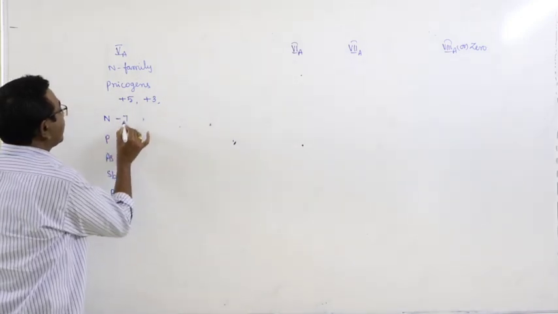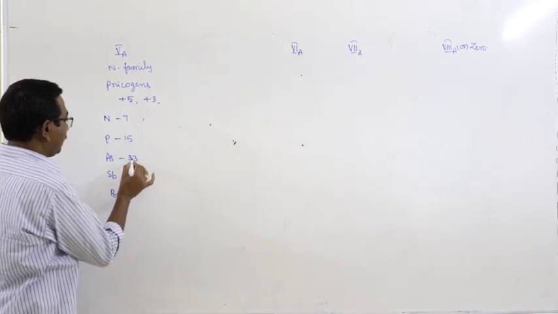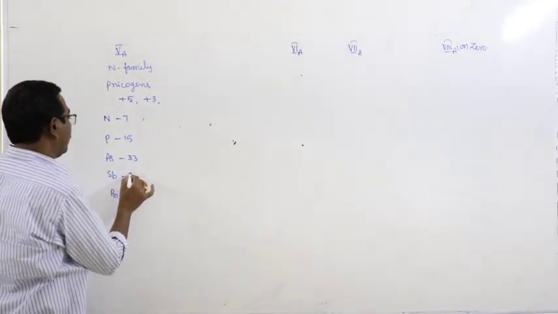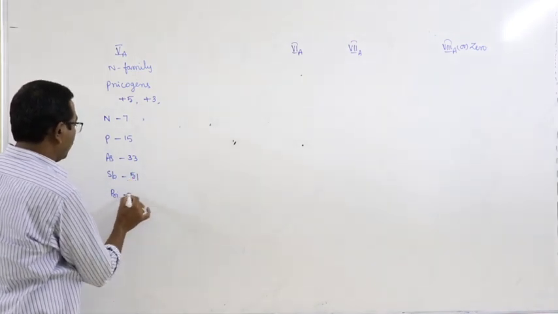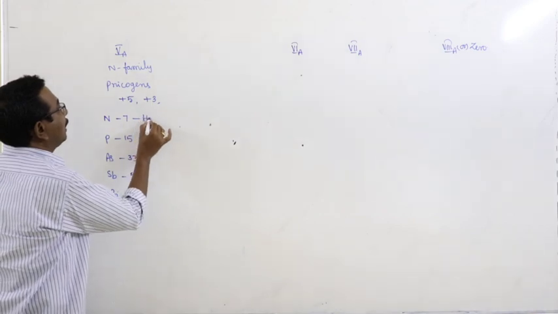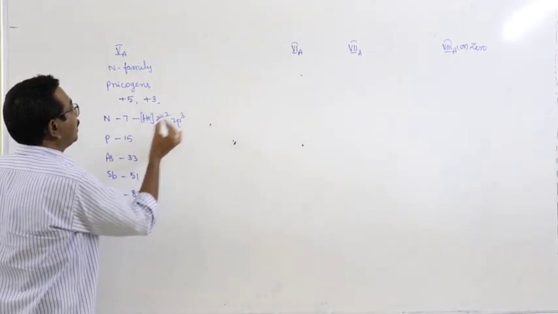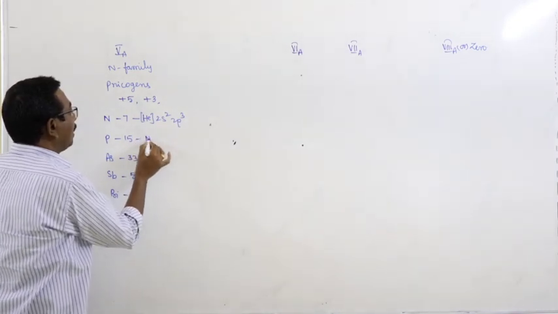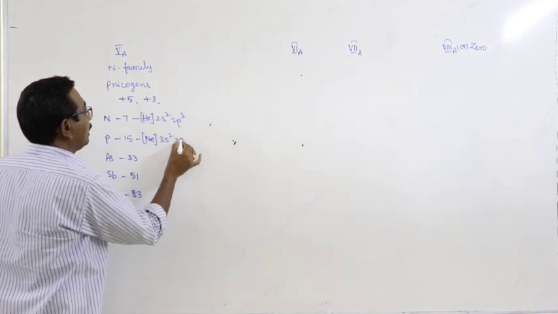Nitrogen atomic number 7, phosphorus 15 and arsenic 33, antimony 51, bismuth 83. Nitrogen helium 2s2 2p3. Phosphorus neon 3s2 3p3.